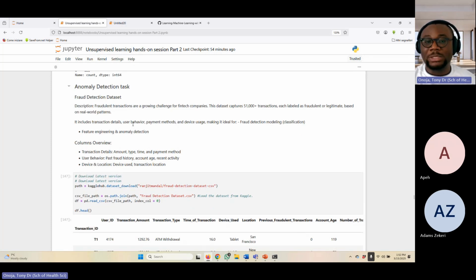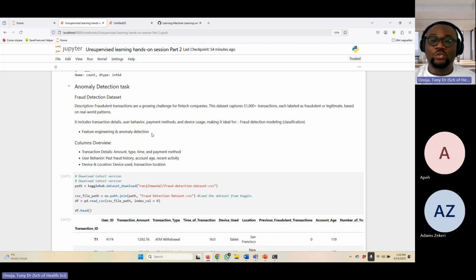It includes transaction details, users' behavior, payment method, and device usage, making it ideal for fraud detection modeling and also for anomaly detection. It's a good data set that reflects, especially for people in the financial area who apply machine learning, a very good data set for them.